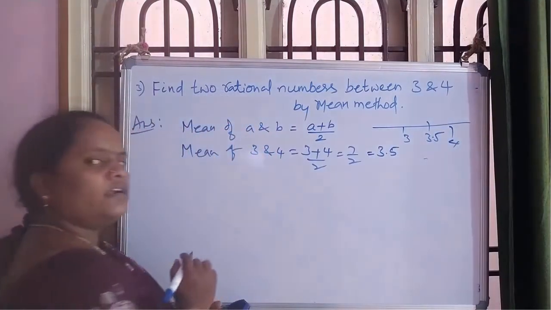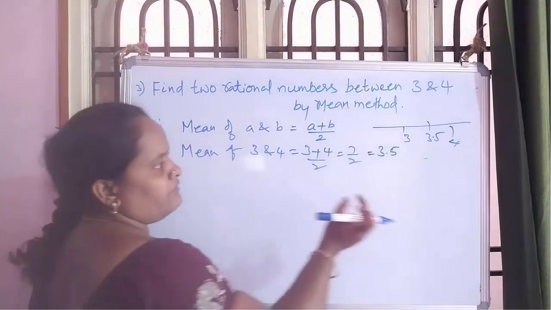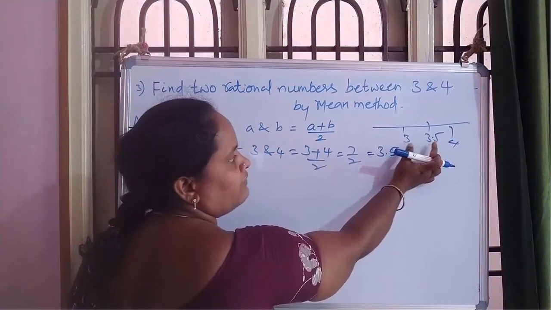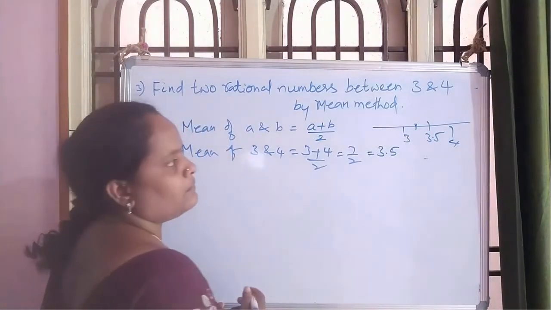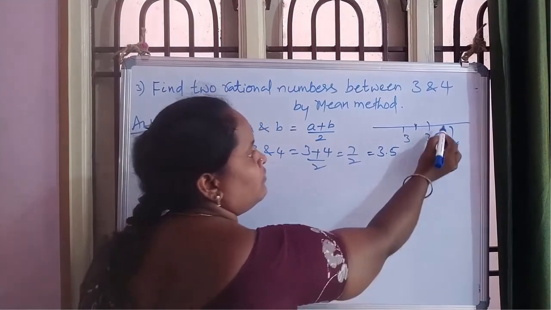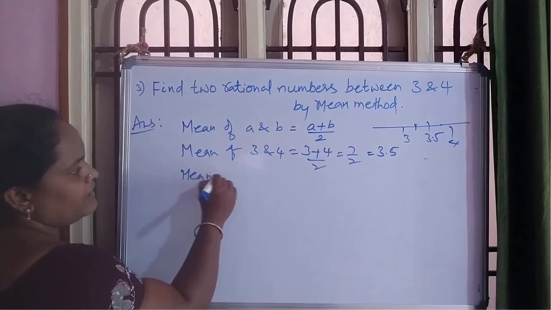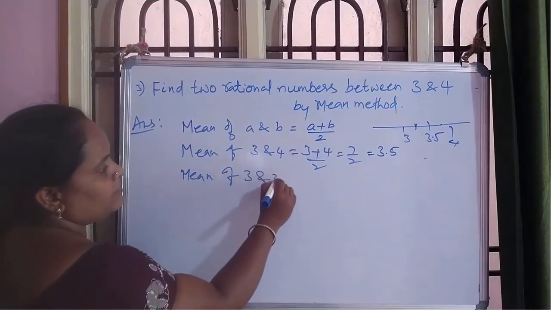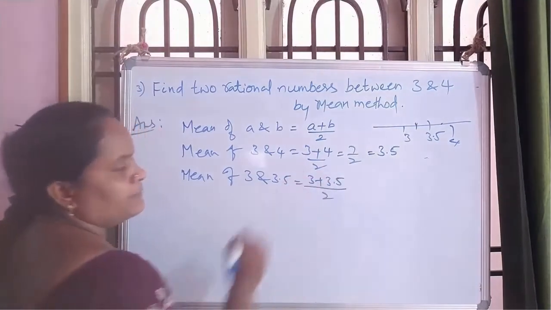Now I wanted to have one more number because they are two rational numbers. So if I find the mean of 3 and 3.5, that lies between 3 and 3.5, the mid value of 3 and 3.5. Or I can find the mid value of 3.5 and 4, any one. I am finding the mean of 3 and 3.5, that is the sum of quantities divided by the total quantities.